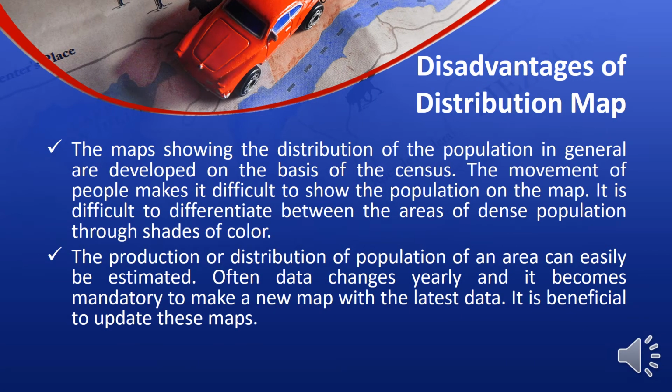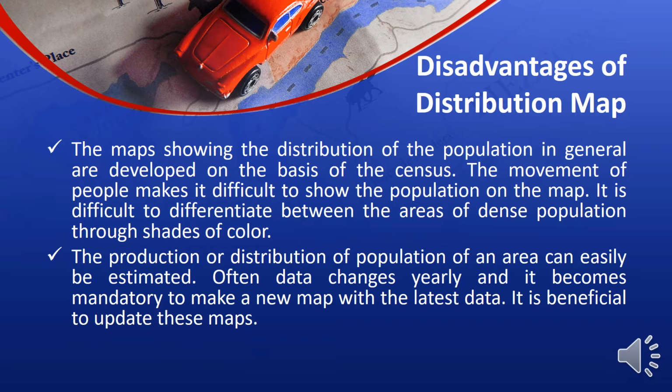There are some disadvantages of distribution maps. Maps showing the distribution of the population in general are developed on the basis of the census. The movement of the people makes it difficult to show the population on the map. It is also difficult to differentiate between the areas of dense population through shades of color.